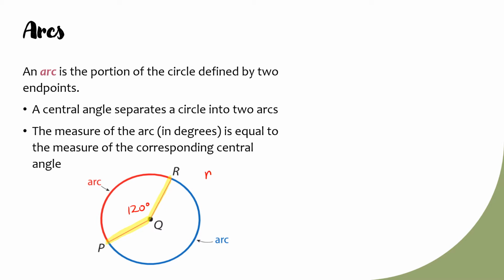If the measure of angle PQR is equal to 120 degrees, then the measure of my arc is also going to be 120 degrees. So we're going to be using our central angle measures and our arc measures very similarly, kind of interchangeably. We'll add on to that a little bit here.